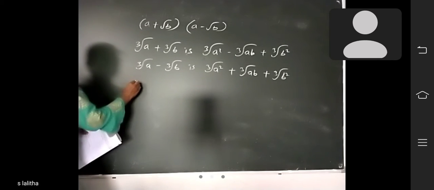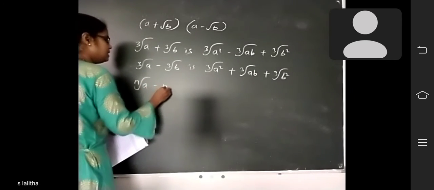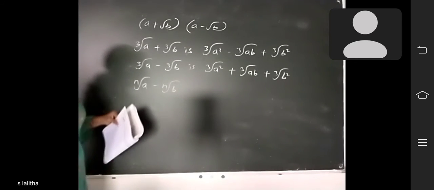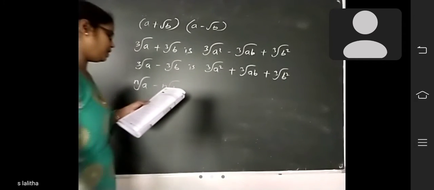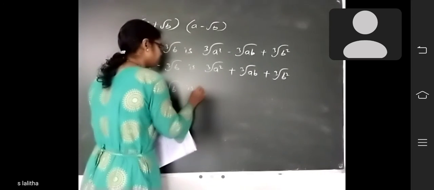Next, nth root of a minus nth root of b, what is the rationalizing factor?